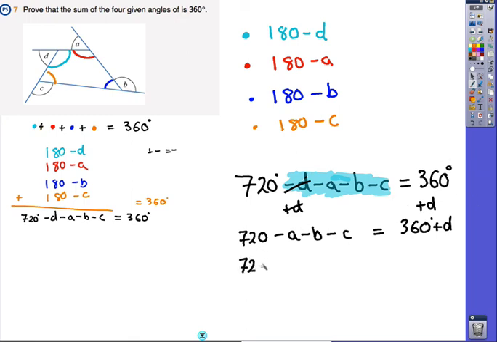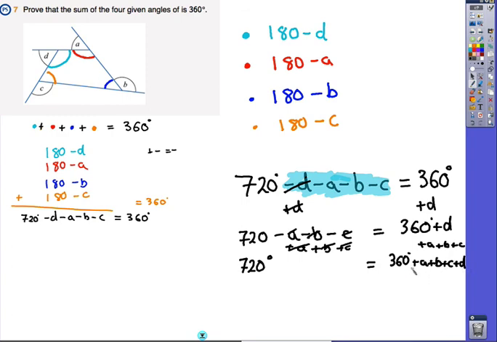So we've got 720 degrees is equal to 360 degrees plus A plus B plus C plus D, because if we add them on this side they will cancel out, and if we add it on this side, it will also cancel out. And now we've got 720 degrees is equal to 360 degrees plus A plus B plus C plus D.